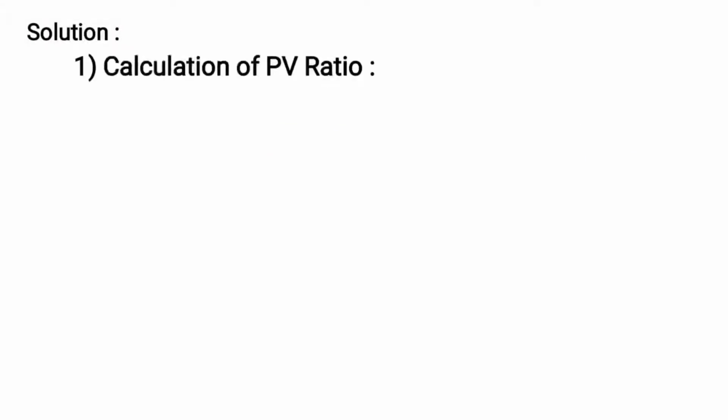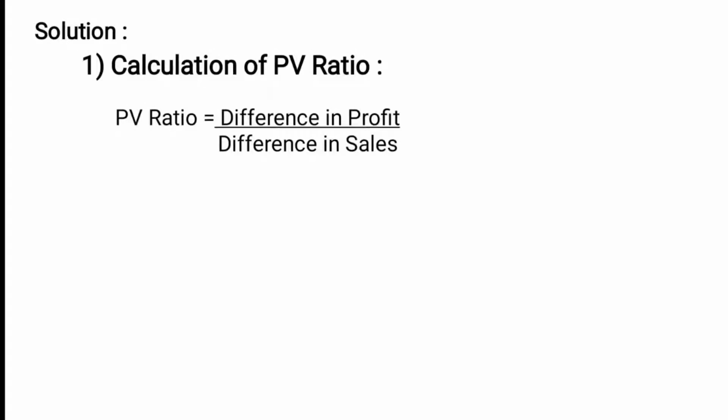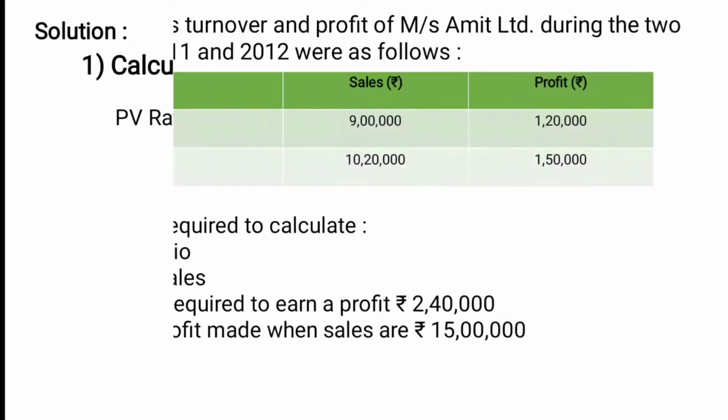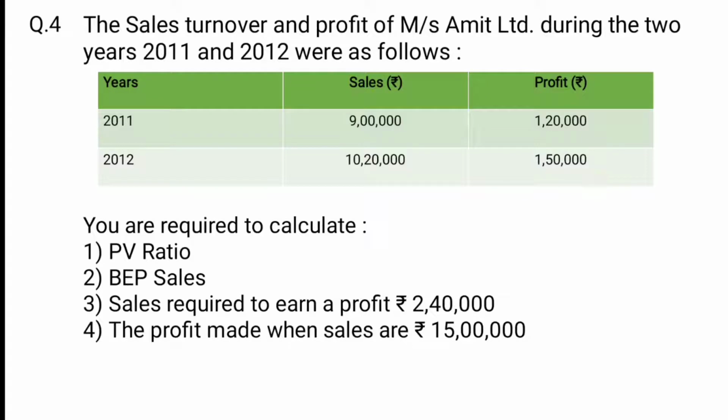First, calculation of PV ratio. PV ratio is equal to difference in profit, which is also known as changes in profit, divided by difference in sales into 100, which is equal to difference in profit, that is rupees 1,50,000 minus rupees 1,20,000.